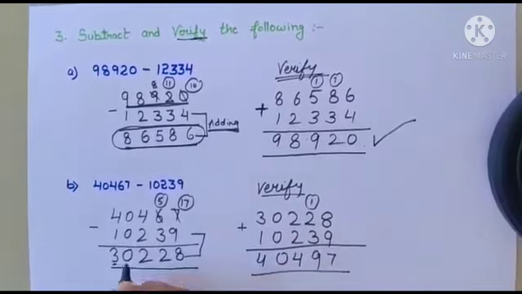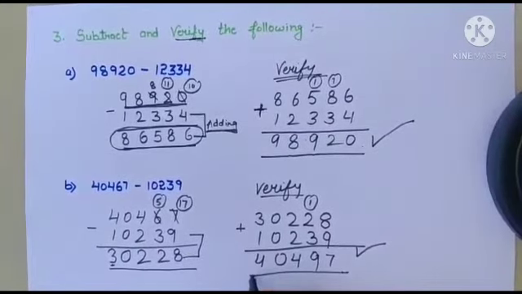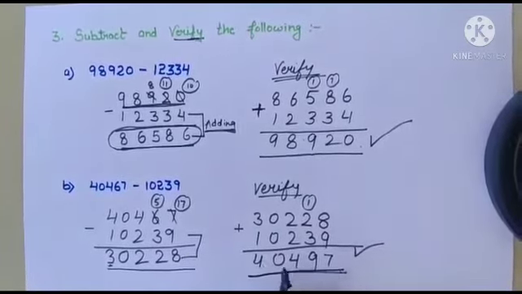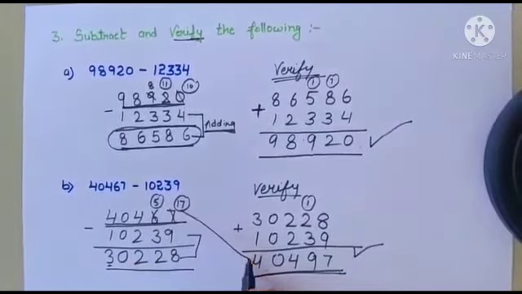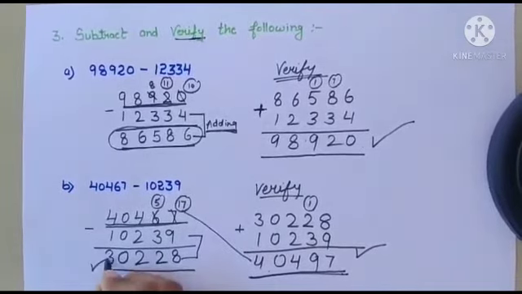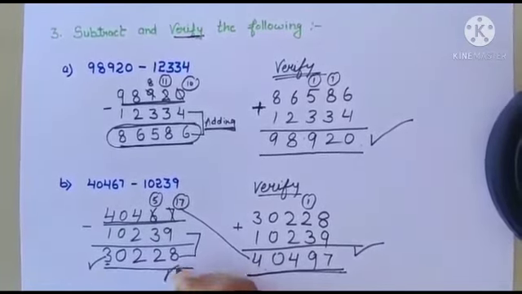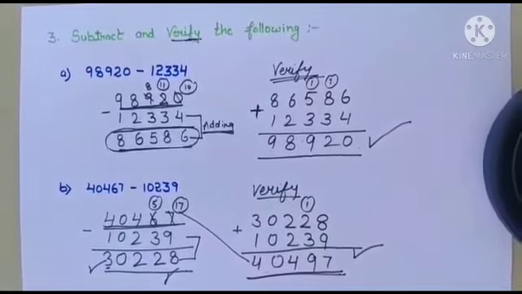So, our sum is okay. Because after verification, this number is here. So, see here, both are the same. So, our answer will be correct. This one is our answer and this is the correct answer.